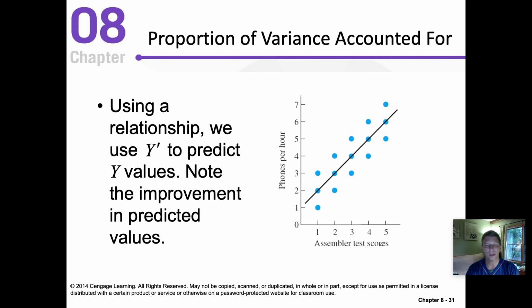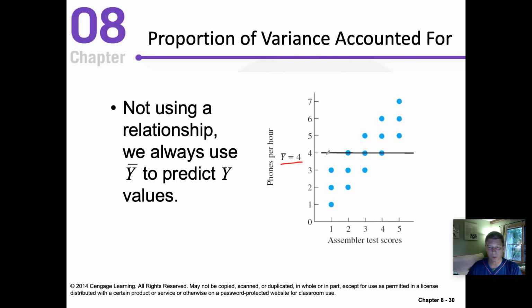In this case, notice that the data is much closer to the linear regression line. All of it falls within a very small distance on the y-axis. If you go back to the previous one, notice, we're talking about a big gap here and a big gap here.